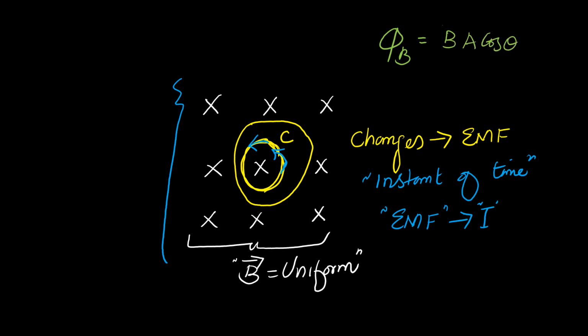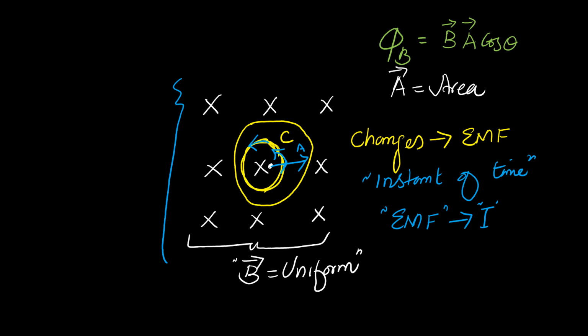A is the area vector, and this area vector is perpendicular to the surface of the coil.